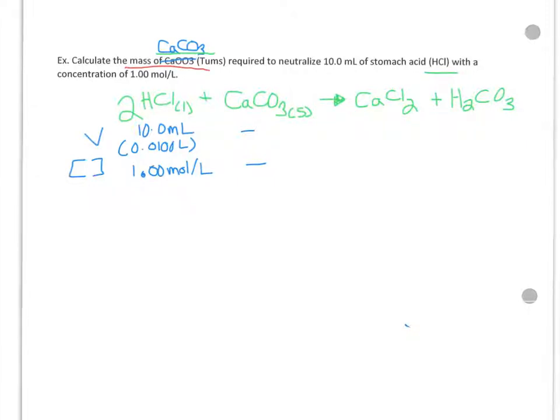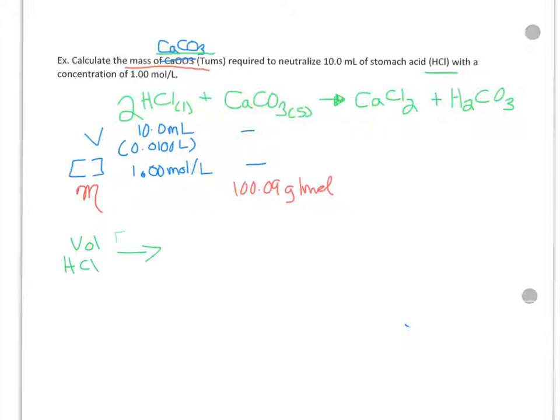So that means we're going to have to figure out our number of moles using a ratio and then use our molar mass of calcium carbonate, which happens to be 109 grams per mole, to calculate a mass. So if you're somebody who's going to write a strategy, for this equation, you're going to start with the volume of HCl.